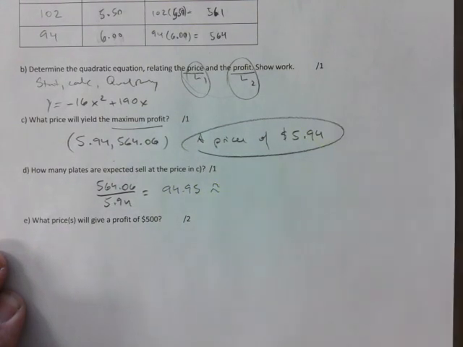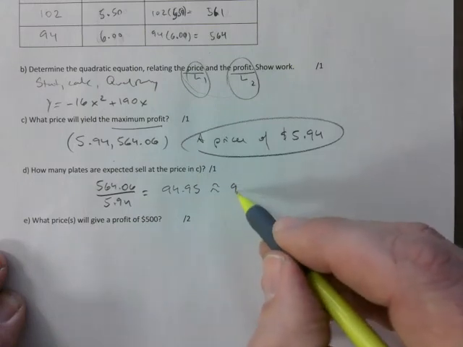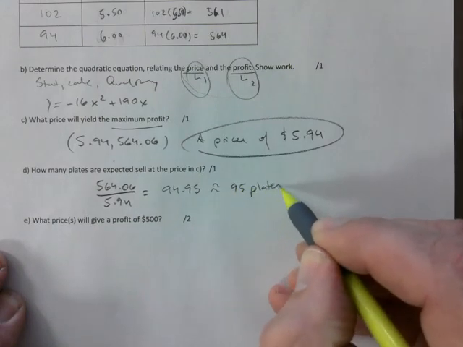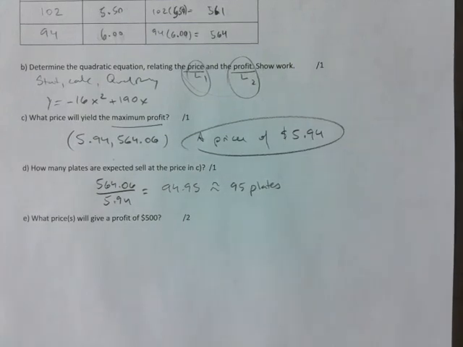Can't have that, so you just say approximately 95 plates, because we're talking plates. Anything you can measure, like time, temperature, anything like that gets a decimal, but obviously plates, you would want a whole number.